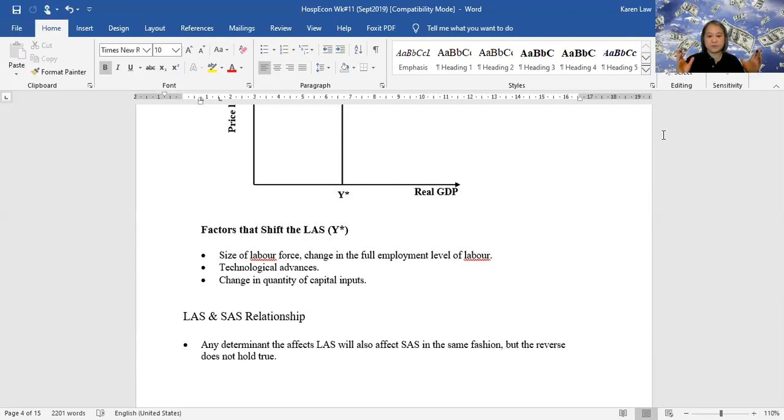However, price of inputs do not shift our long run supply curve. Our long run supply curve only shifts from a change in our real variables. And our real variables are the things that actually affect how much output an economy is able to produce overall. Okay, so that is just one caveat just to mention here.